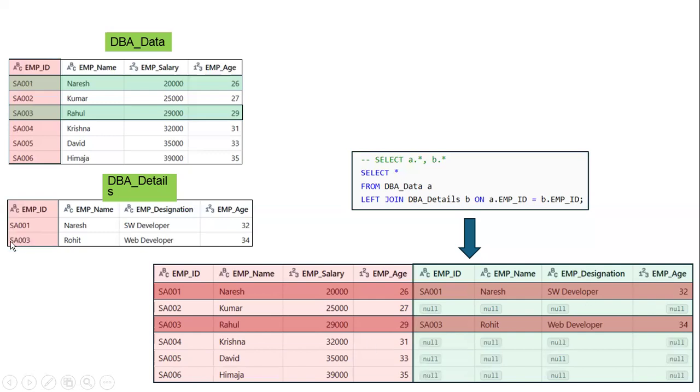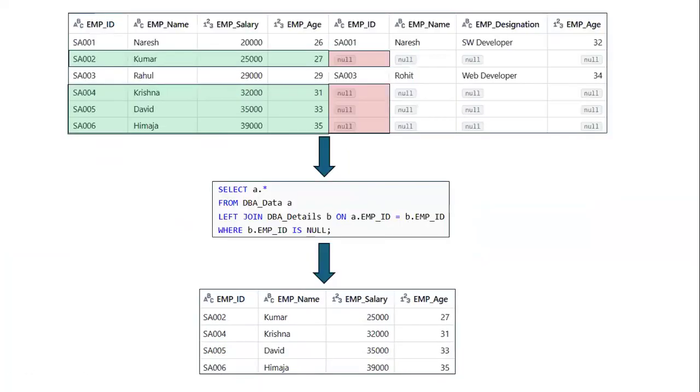And one more record is SA003, Rohit, web developer, 34. These two records are common, so we get these values from table B. But for the other records, since there are no matches, it generates all nulls here. Next, I am going to filter these nulls.